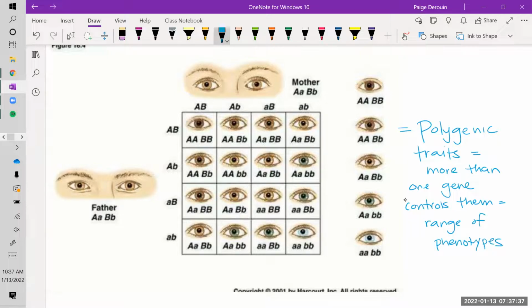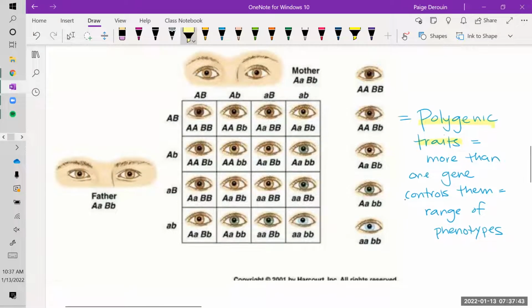Can you think of another example of this in humans? Where you see a range of things? No? Yeah. Hair color, skin color, height.